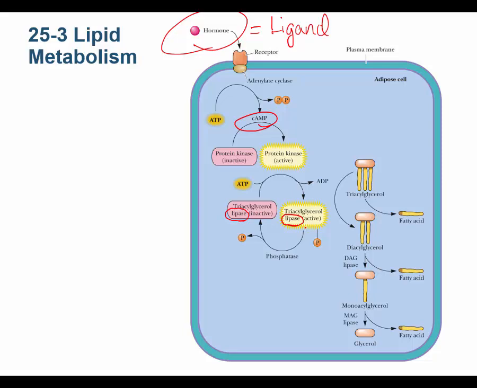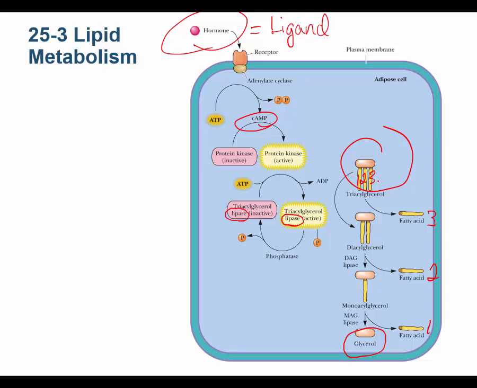So now lipase is phosphorylated, and lipase breaks down triglycerides, also known as triacylglycerols, into glycerol plus three fatty acids. One, two, three. Because here's the three fatty acids that were here. One, two, three. So now I have a glycerol and three fatty acids.